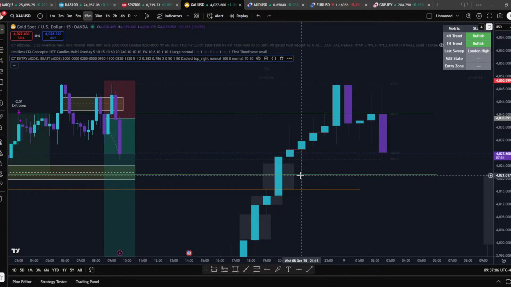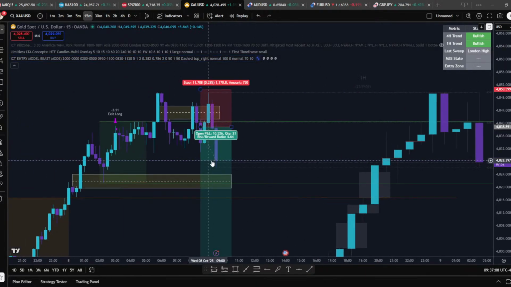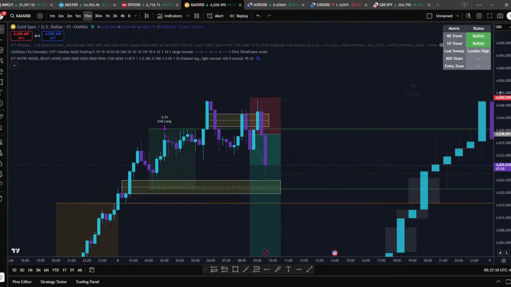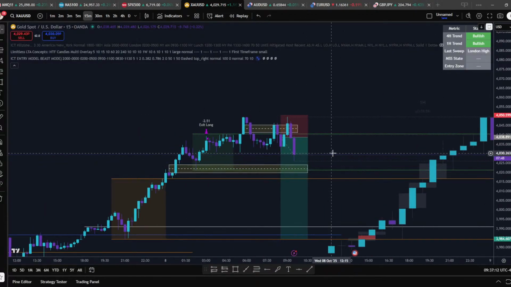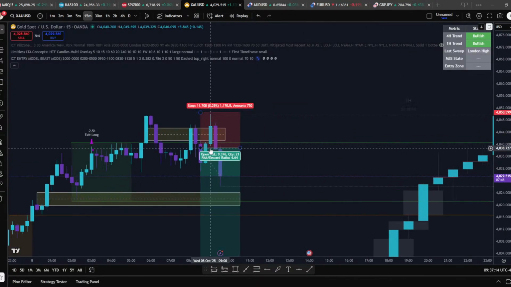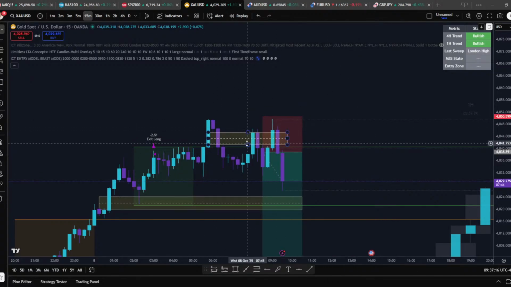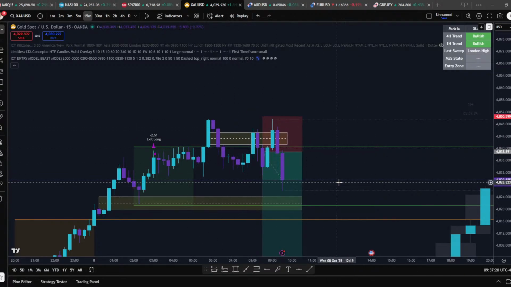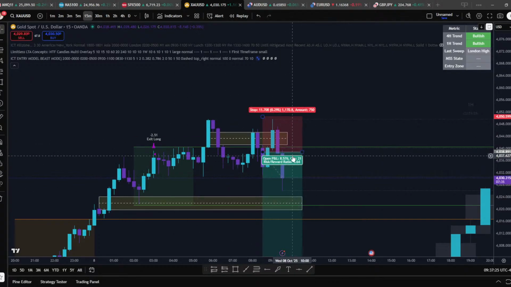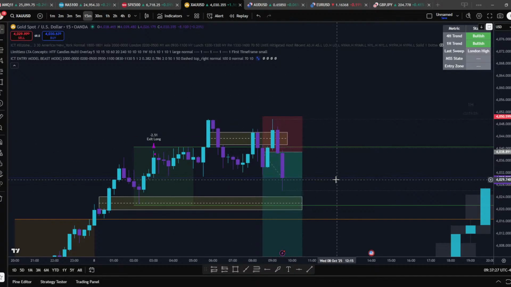Anything can happen at this level here. So I would be at break even because number one, this is not an A plus setup to start with. In my view, this is a B setup, okay? But it's still a setup. So your one-to-one traders are already out. They've got their money and they've left.